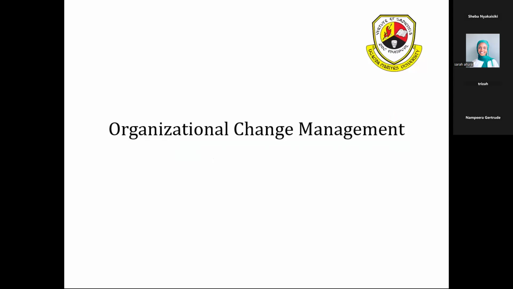Now, when we think about all the things that we have put forward, ICT strategy, ICT policy, all of these are bringing about a change within the organization. And we want this change to happen. Why? Because why are we doing this? We want to bring about an improvement.